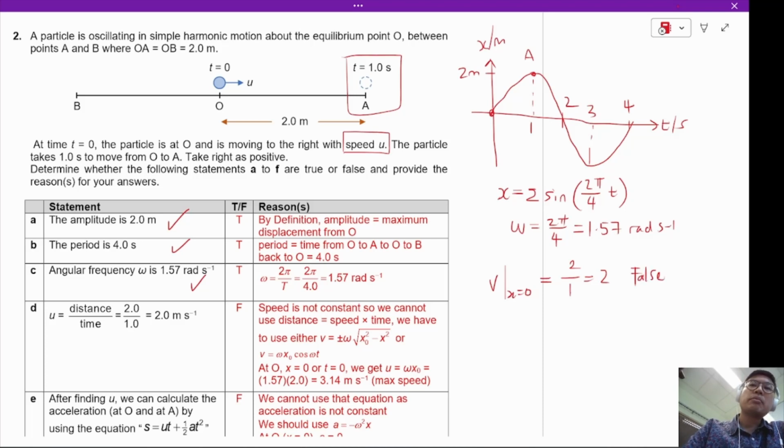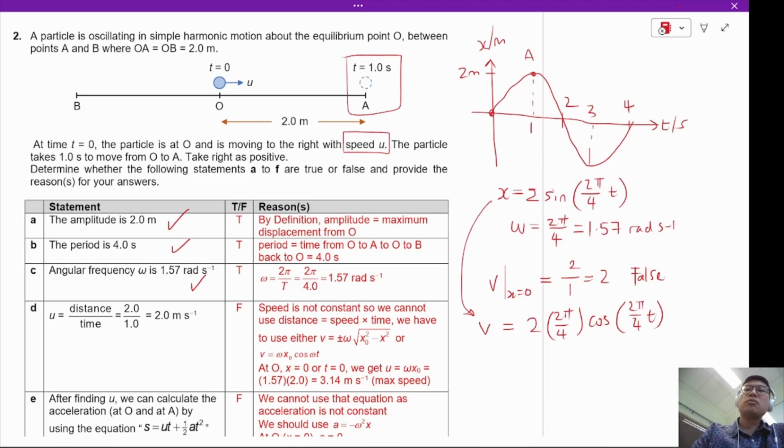How come? Because velocity is given by equation 2. You're going to differentiate the displacement, okay? 2 pi divided by 4 cosine 2 pi over 4t.